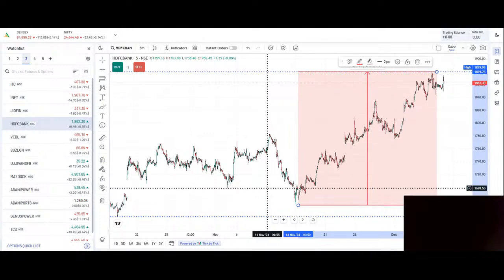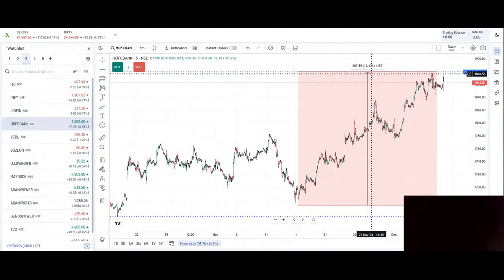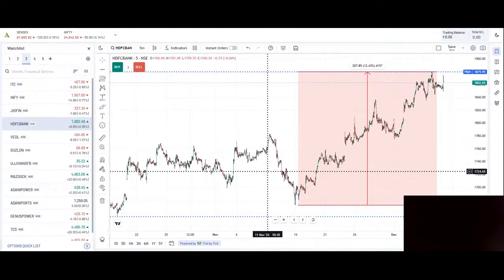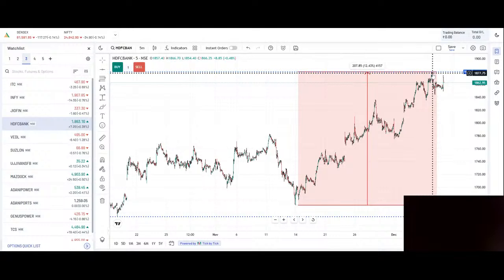See, it has given a clean-cut return of 12.45% from 1660 in the last 1 month, and it is at a 52-week high despite Nifty being weak.